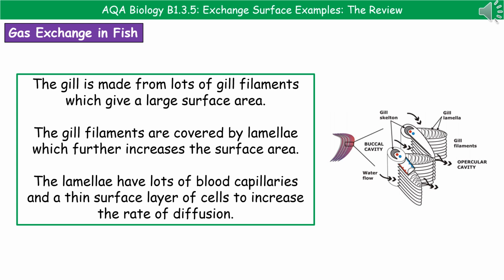Just like we've seen with our other structures, then we've got lots of blood capillaries associated here. And we've also got a thin surface layer of cells, both of which are obviously designed to increase the rate of diffusion. The lots of blood capillaries means that we're maintaining a steep concentration gradient, and the thin surface layer of cells means that we've got a short diffusion pathway.